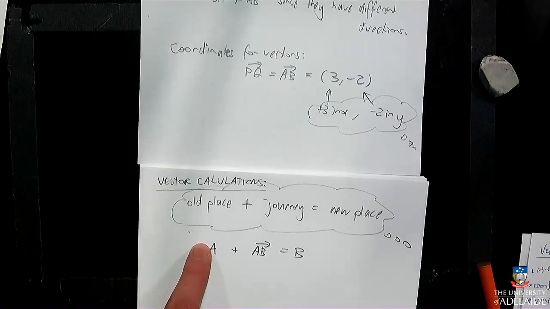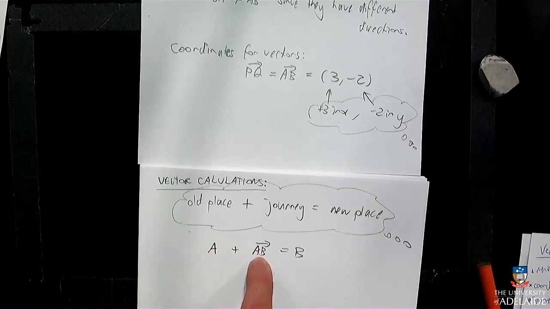So if you have a point and you add the vector AB, your answer will be the point B, because this is the journey that goes from A to B. So if you start here and then do this journey, you will produce that. So we're going to see this as addition because that's how it worked with numbers.